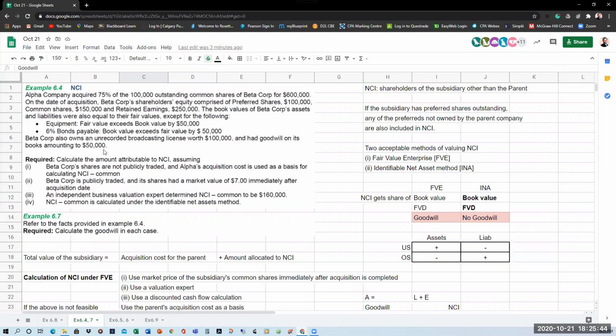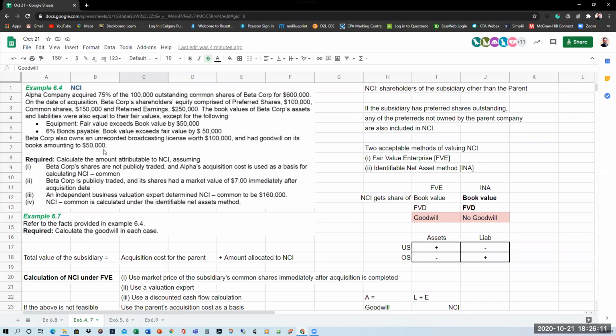Now, if the subsidiary company has any existing goodwill on its books, that existing goodwill at the time of the business combination is basically considered to be worthless, i.e. it has a fair value of 0. Now, this is not seen as a fair value difference.